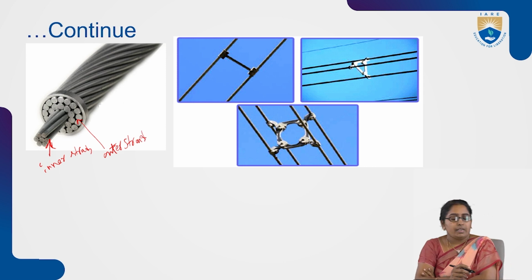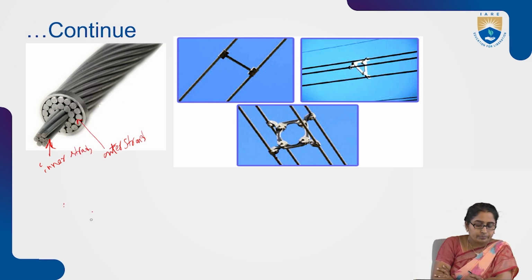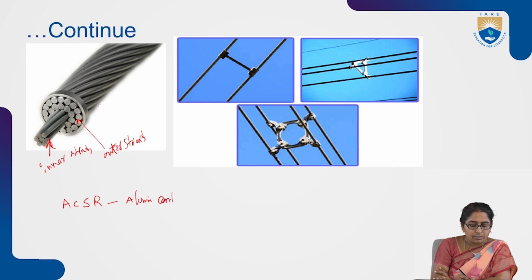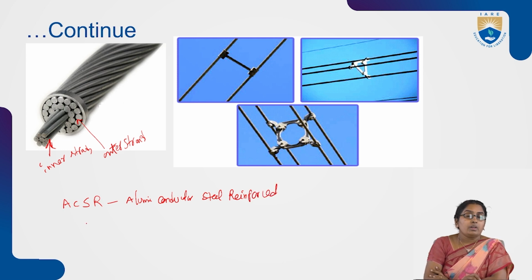So ACSR means aluminum conductor, steel reinforced. Here the outer strands are aluminum, and the inner strands are steel.